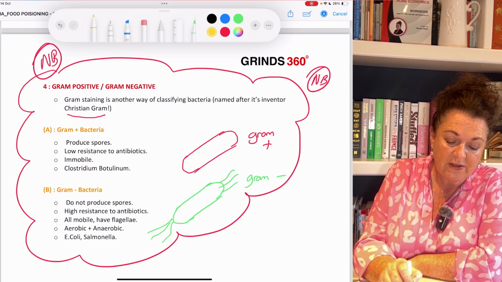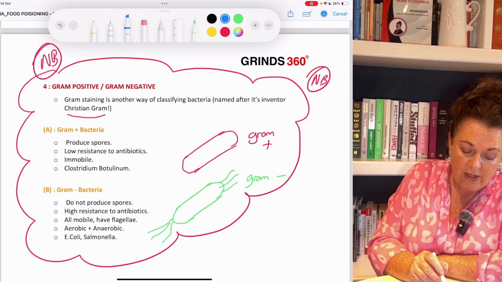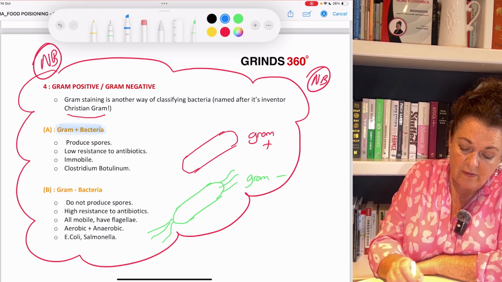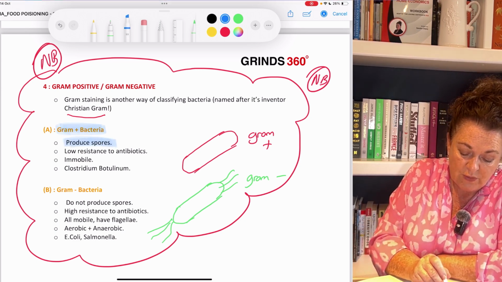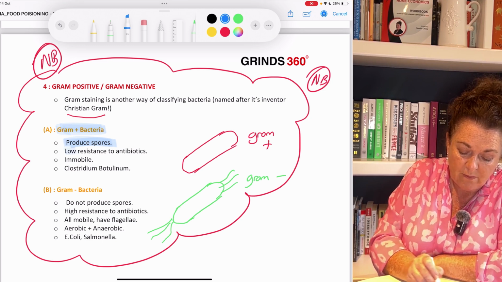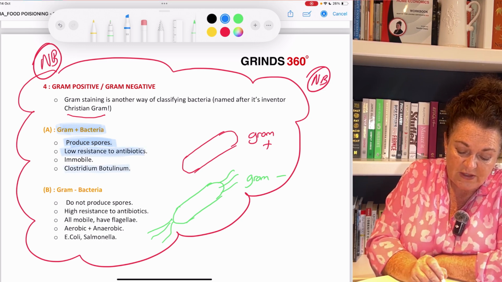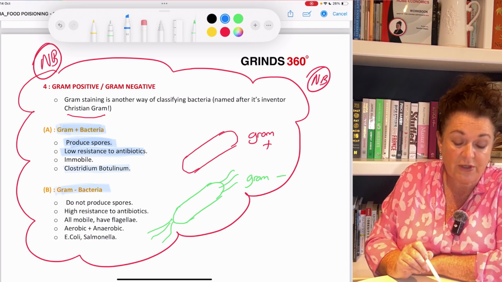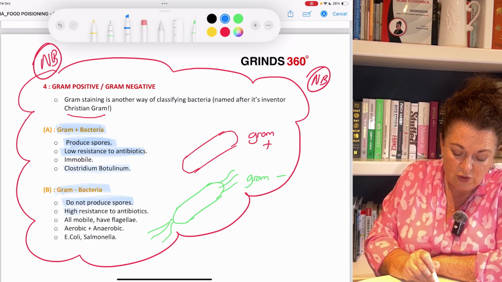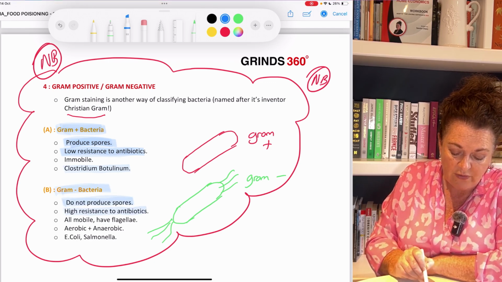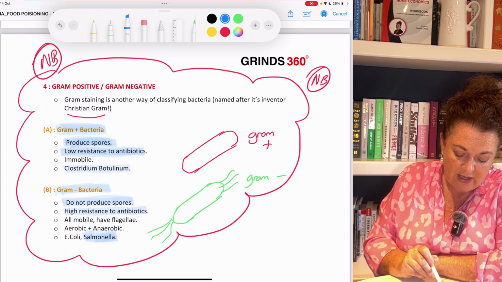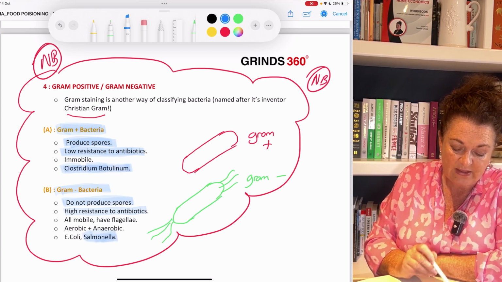So we'll just highlight key points that we need to note here. Gram positive produce spores, and they have a low resistance to antibiotics, example Clostridium botulinum. Gram negative do not produce spores, high resistance to antibiotics, and you could take salmonella.